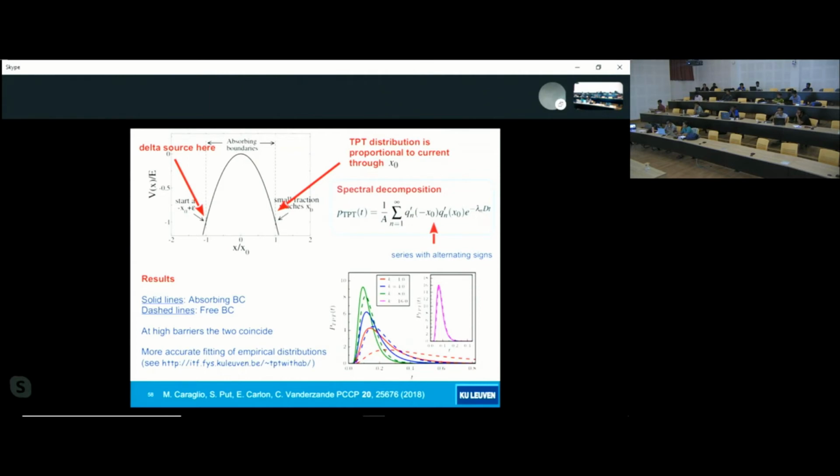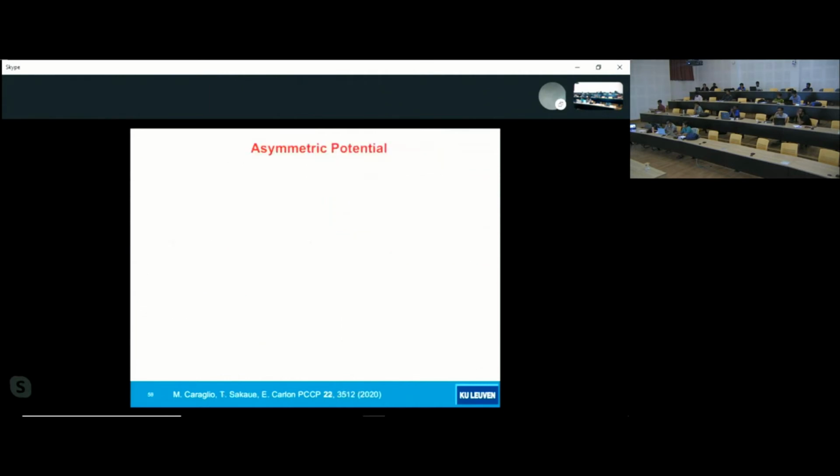Perhaps a bit more interesting is, and now I'm moving to the last 2-3 slides, we are going to study asymmetric potentials, because what we were curious about is that everybody studies this parabolic potential, but what is the effect of potential shape on the transition path-time distribution?